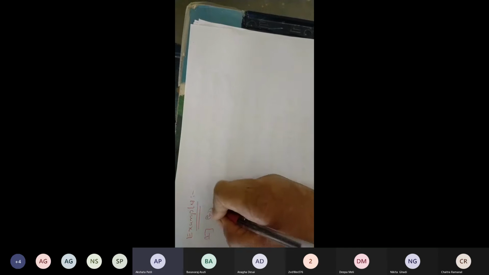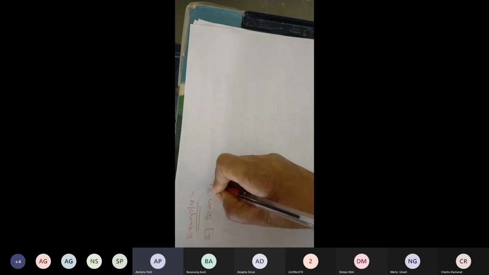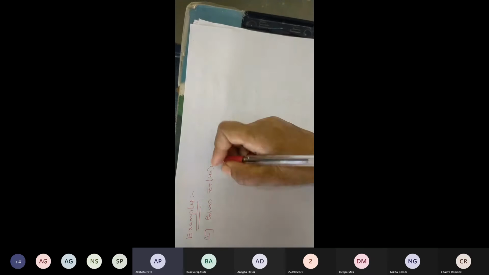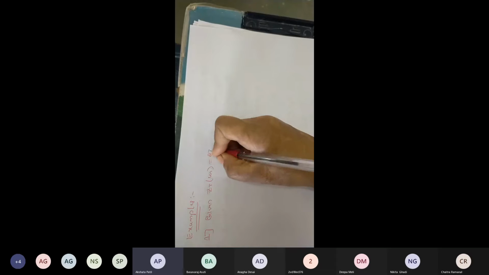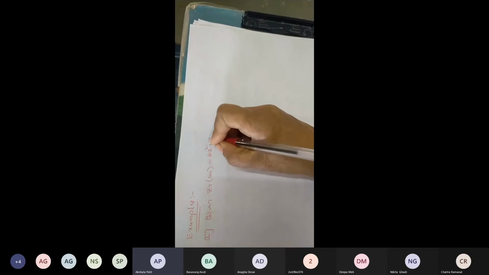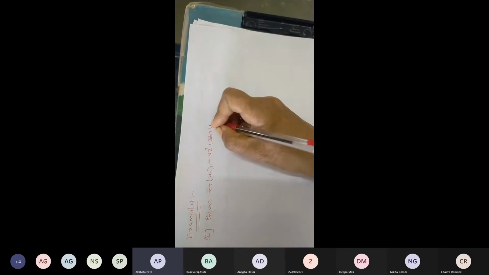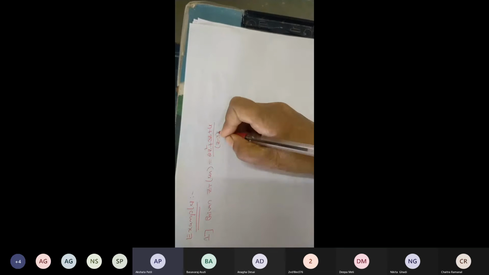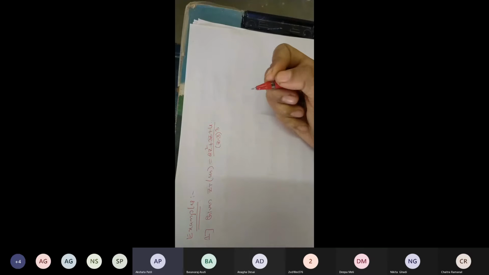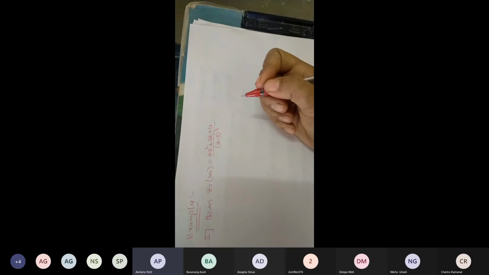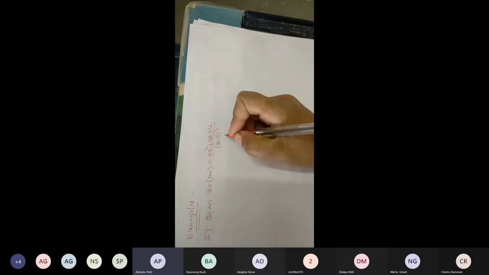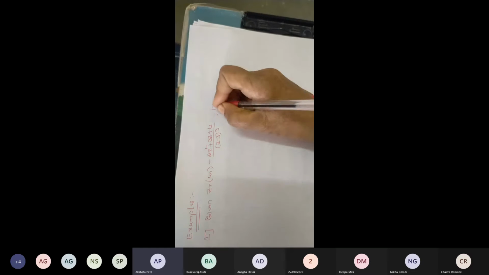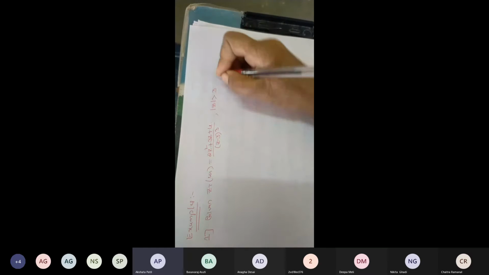Now examples. Example number 1. Given the z transform of un is equal to 2z square plus 3z plus 4 divided by z minus 3 the whole cube, mod of z is greater than 3.